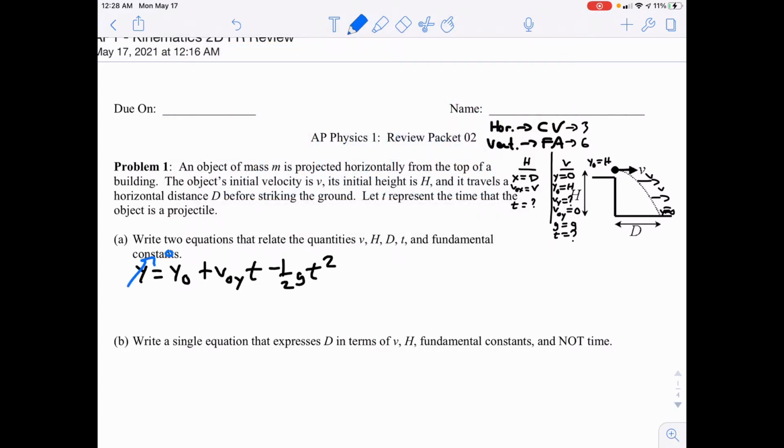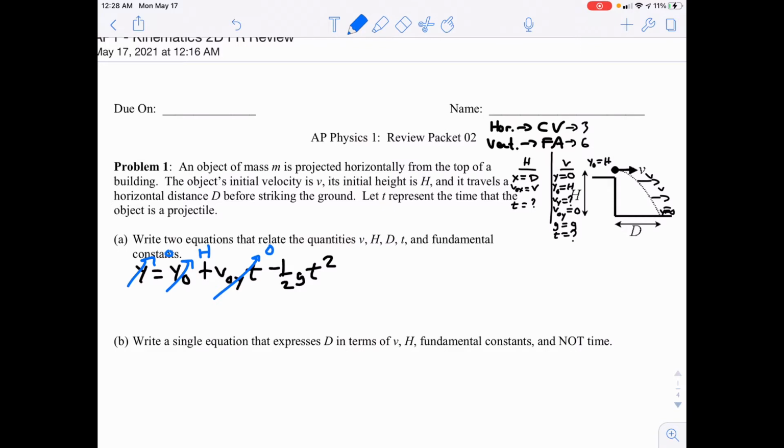Y is 0 at the bottom. Y naught is h. Now v naught y is 0, so v naught y times t would be 0. And then minus 1/2 g t squared.